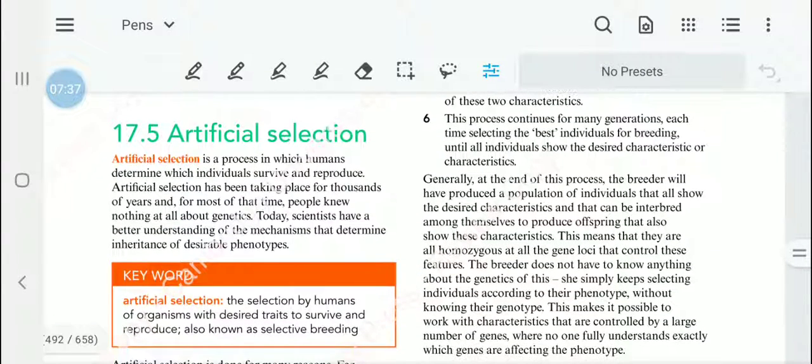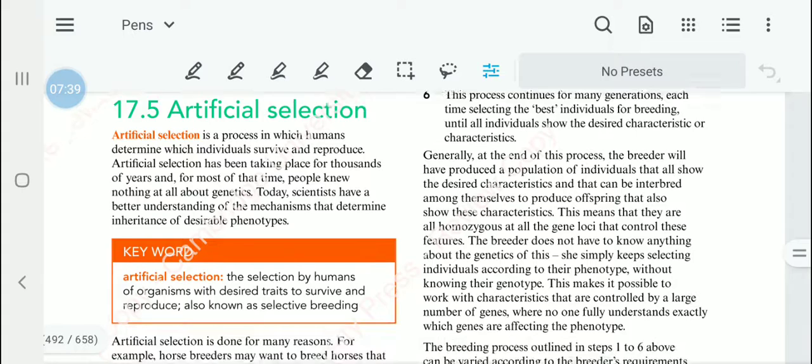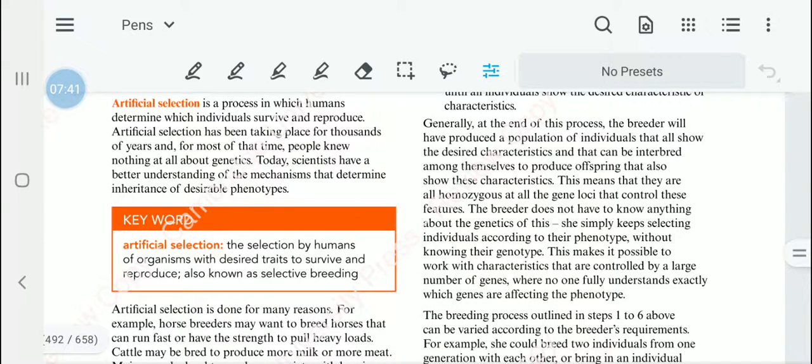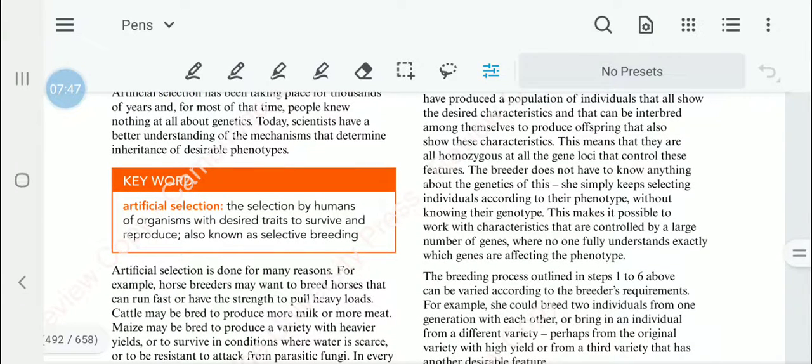Write down a note on this: artificial selection. It is the selection by humans of organisms with desired traits to survive and reproduce. This is also known as selective breeding.